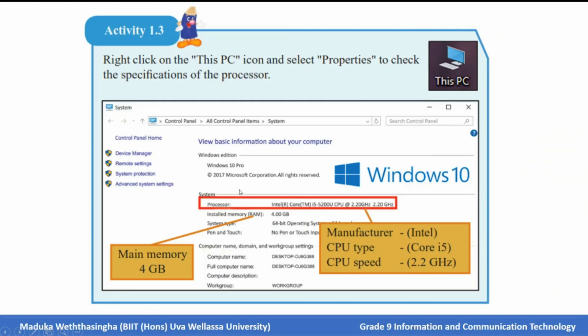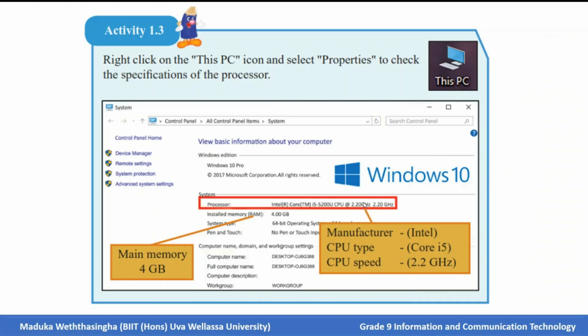When you go to This PC properties, we can find the processor name. First you can see Intel R Core. Intel means the manufacturing company. And then Core. Right? This is Core i5. It means a quad core CPU. And the CPU speed is 2.2 gigahertz.